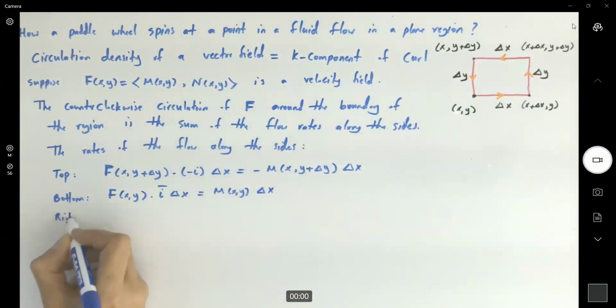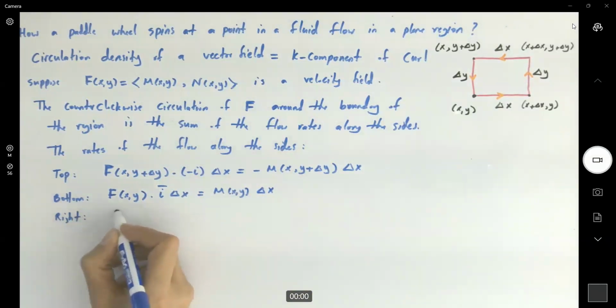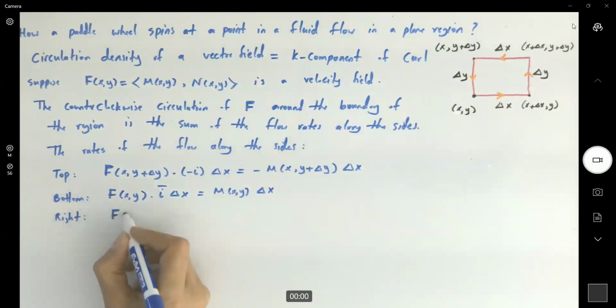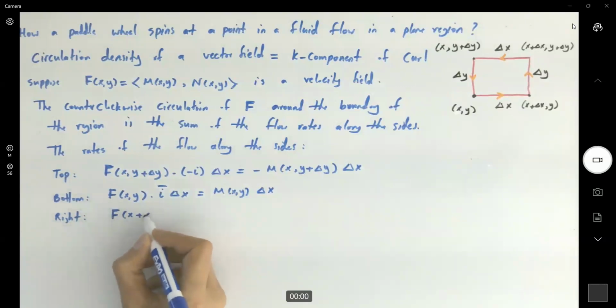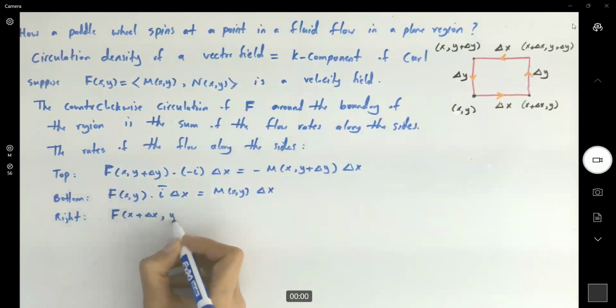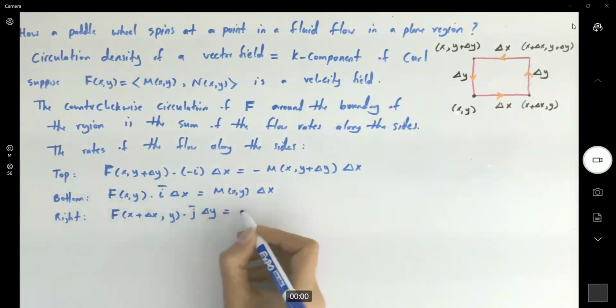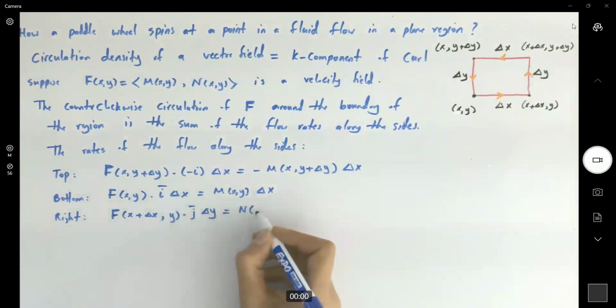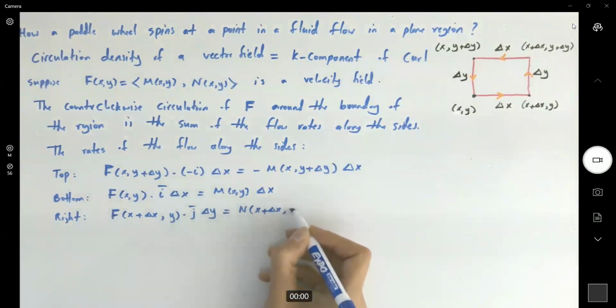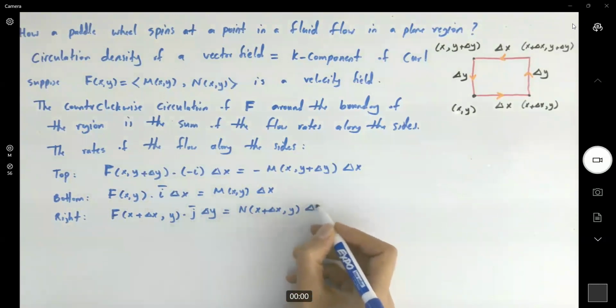For the right side, we have F of x plus delta x, comma y, dot j delta y, which gives us N of x plus delta x and y delta y.